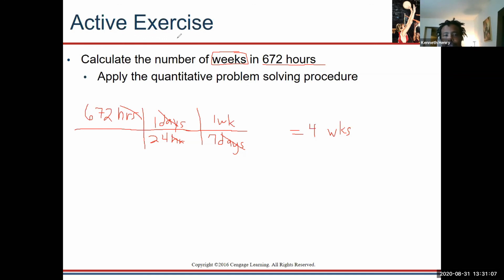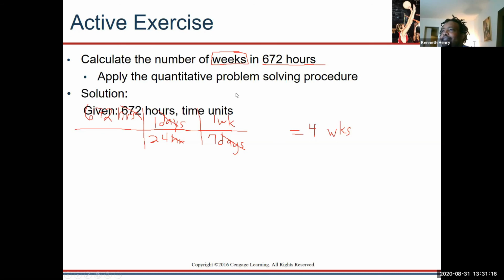Piece of cake. Not too hard, right? Easy so far, right? Good. See if we can make it a little more challenging.